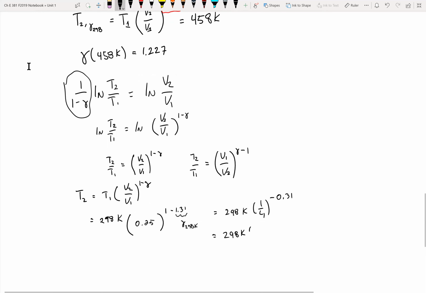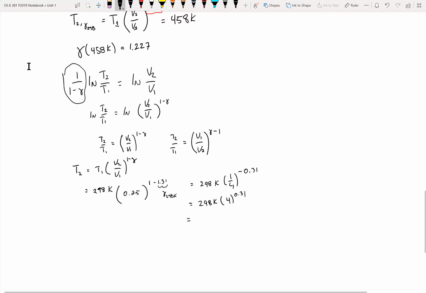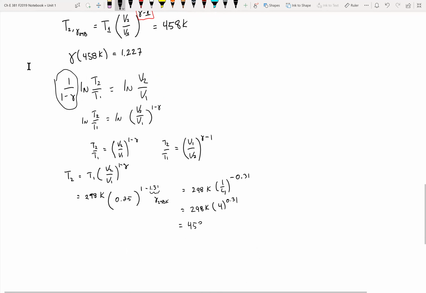If you use the SVA version, it's the same thing: just 298 K times 4 to the 0.31 power. And that's where we get to our 458 Kelvin.